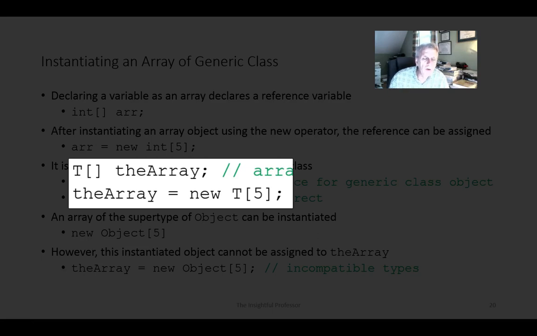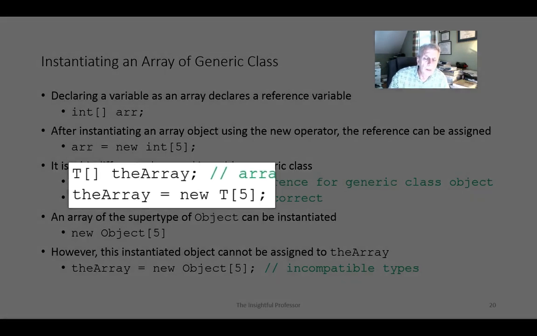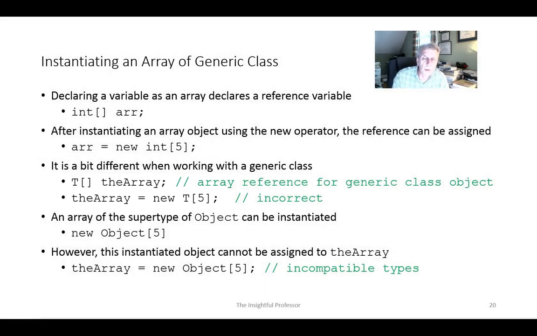When we try to assign to that reference variable the reference that should be returned by invoking the constructor using the new operator, this is invalid syntax. What happens is we cannot use the type parameter as though it were a constructor. So this is where we get a problem.